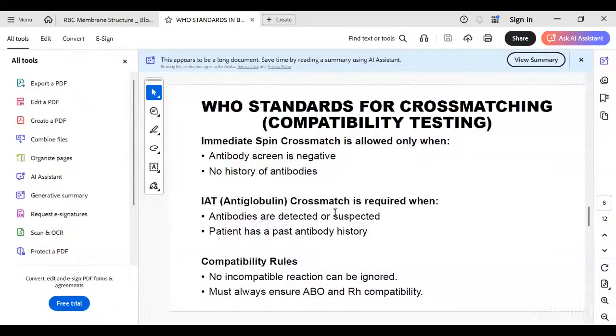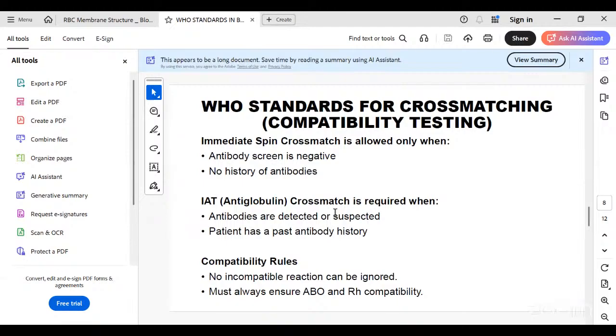Then another thing that's expected of us is that AHG cross-match is required when antibodies are detected or suspected. You cannot do rapid cross-match for any recipient that produces antibody or that has a history of antibody production, or you suspect that they might have antibody.